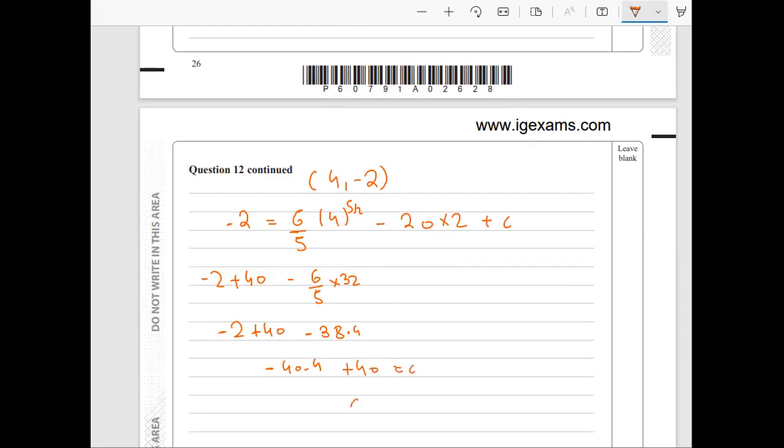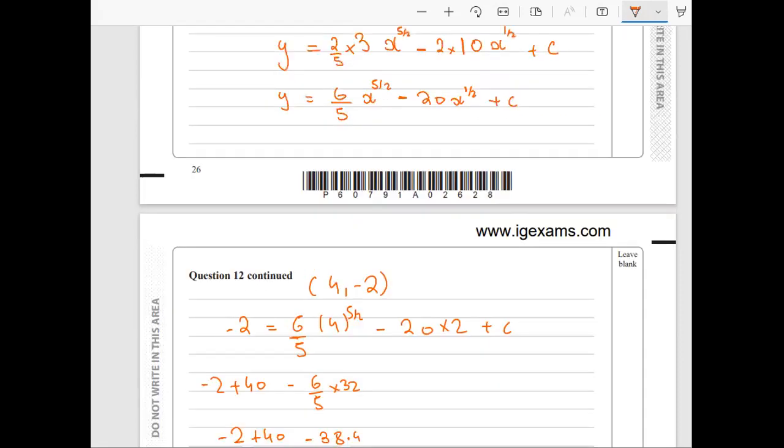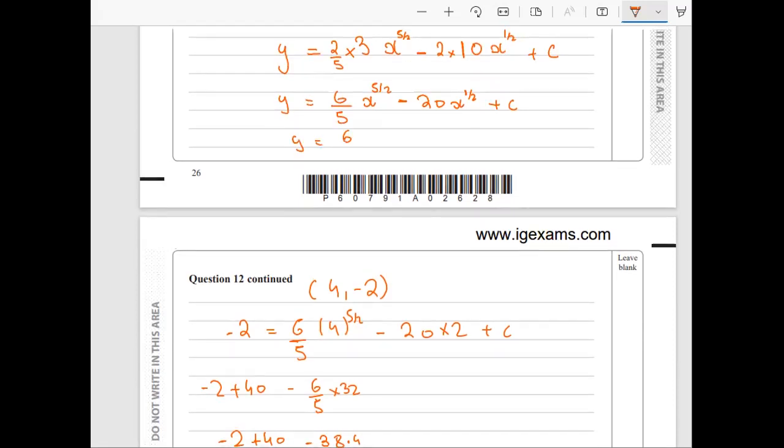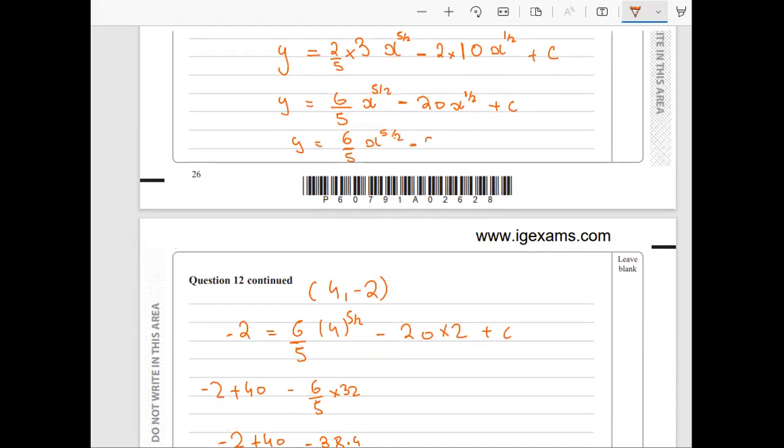So c is minus 0.4, right? So whatever we got from the first part, we just need to write the value of c. Y is 6 by 5 x to the power 5 by 2 minus 20 x to the 1 by 2 minus 0.4.